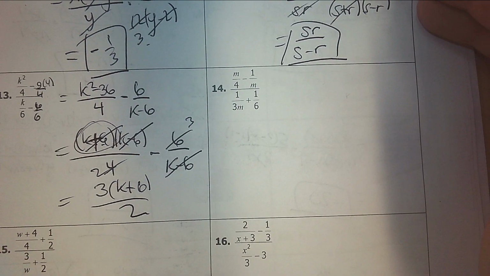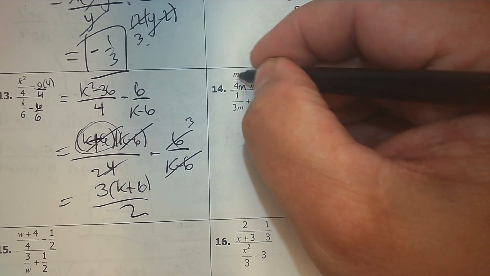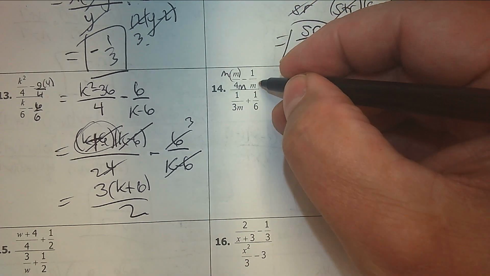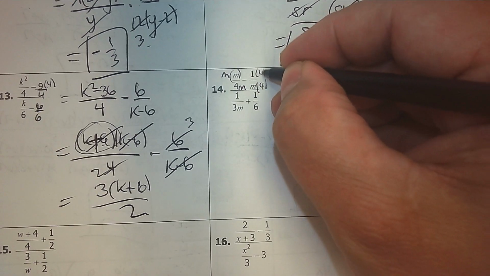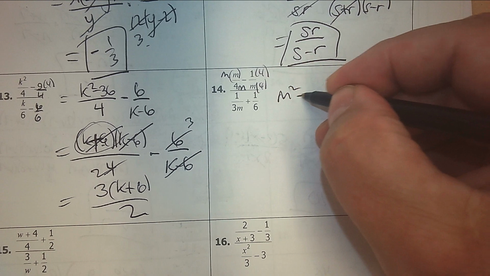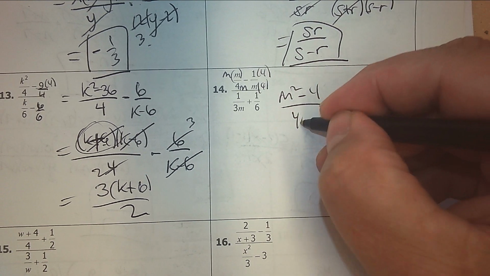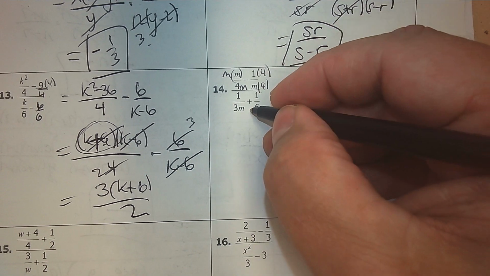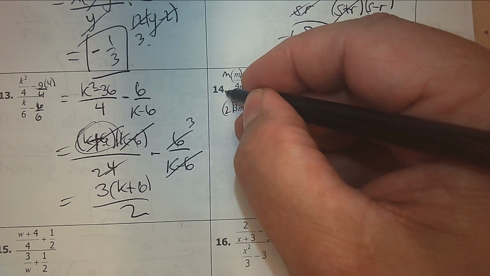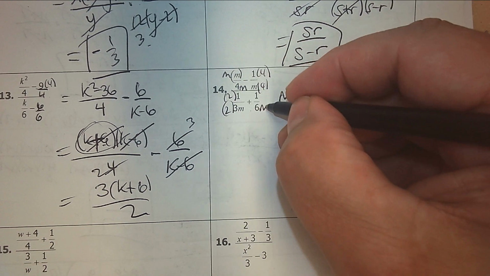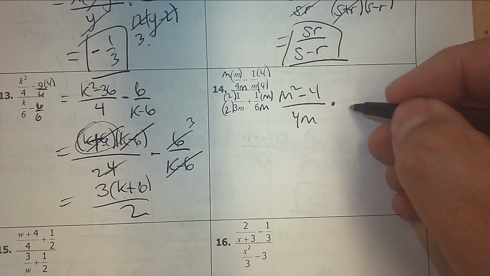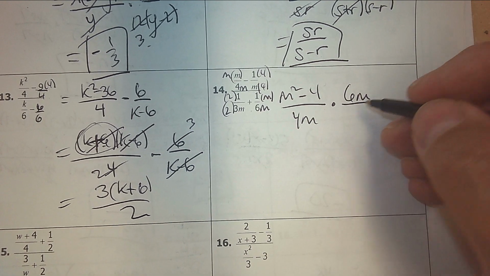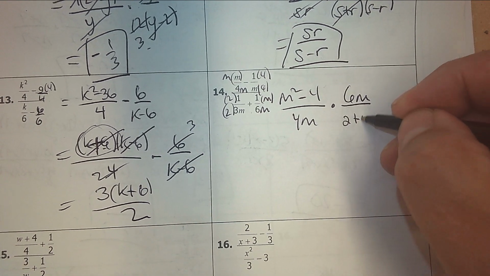14, common denominators. So m and 4. So I have m squared subtract 4 over 4m. Here, common needs a 2, needs an m. So the reciprocal would be 6m on top. 2 plus m would be on the bottom.